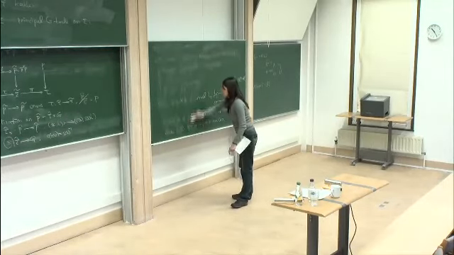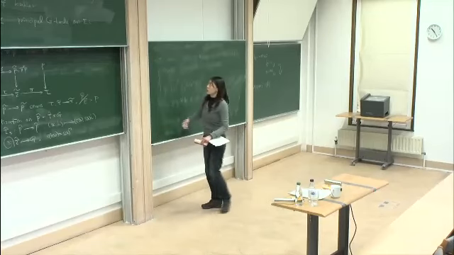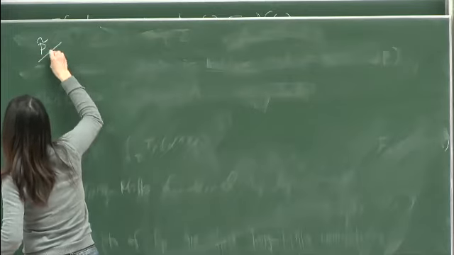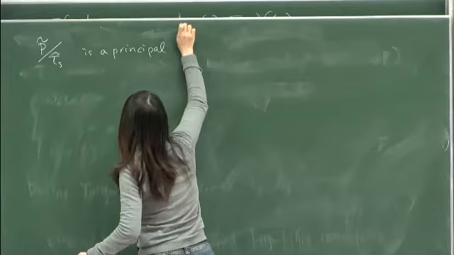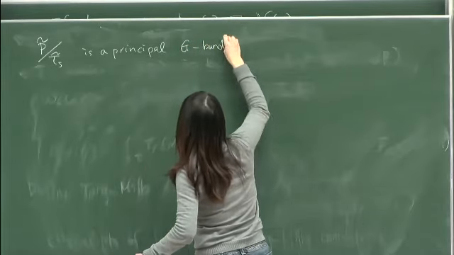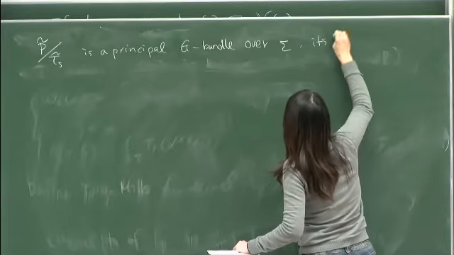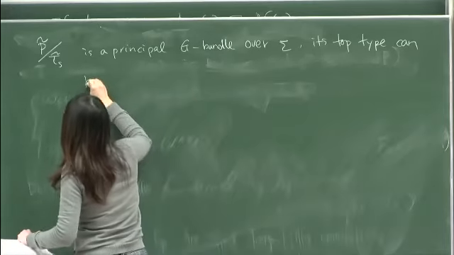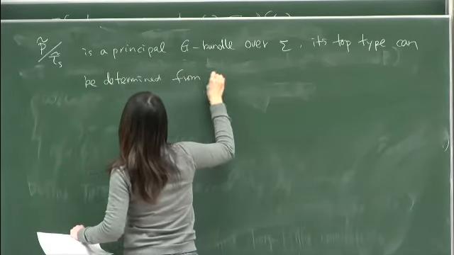And so you just choose the s such that this quotient bundle is the same one you start with. So p tilde over tau_s is a principal G bundle over sigma, and its topological type can be determined from s.